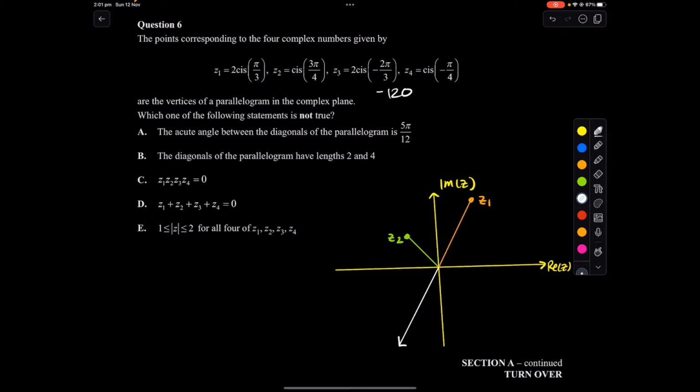Let's actually draw those angles. This angle over here is pi on 3. The angle for this one over here, Z2, is pi on 4. This angle over here is pi on 3. And your final angle is negative pi over 4, which is approximately just over here, and it has a length of 1.